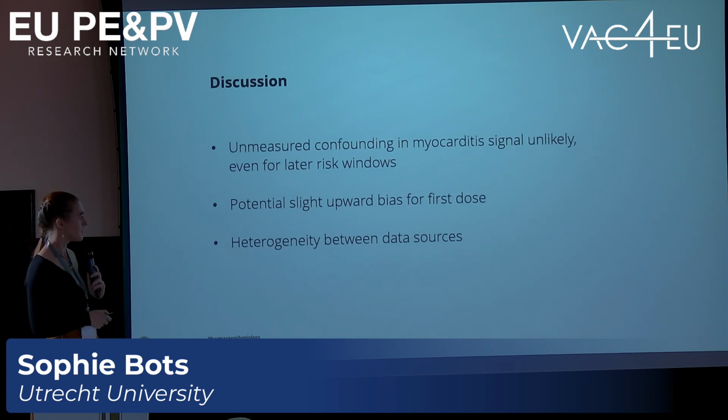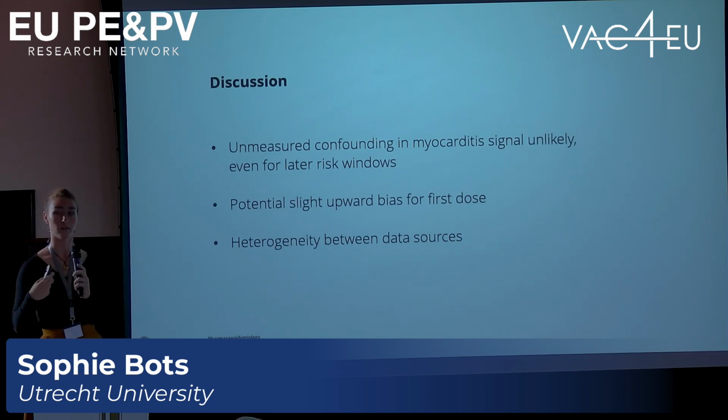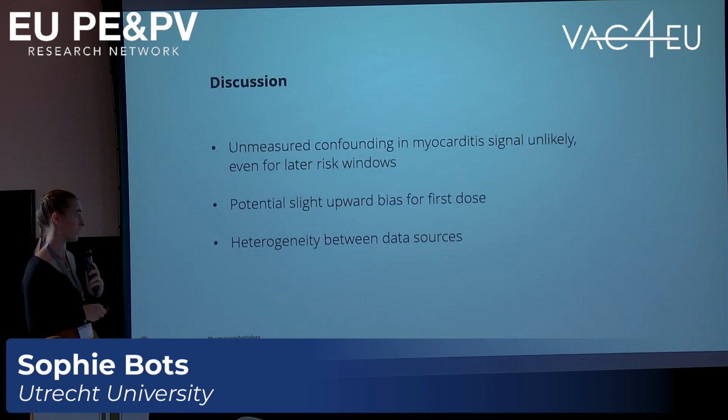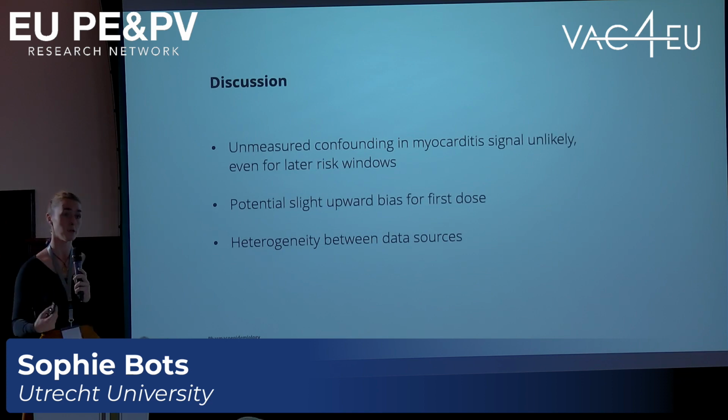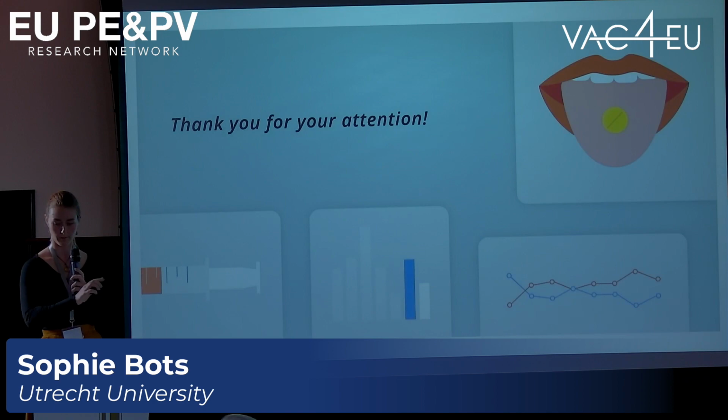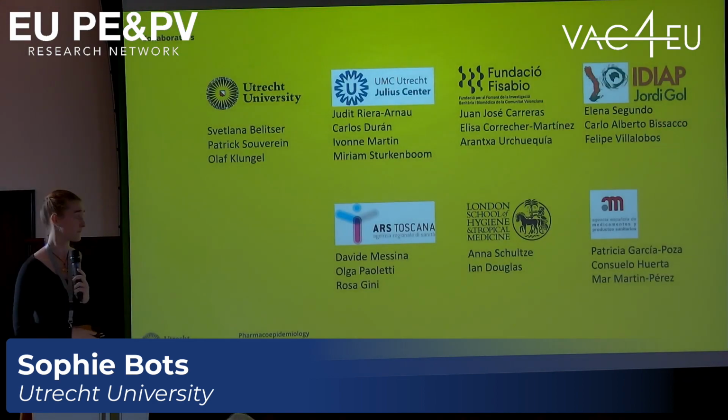We did see a potentially slight upward bias for the first dose, but we're not sure if that is there or if it's chance. Either way, it wouldn't explain away the main conclusions of the myocarditis work. And I think an important point here is this heterogeneity between data sources, and thinking about that when you select your negative controls. Thank you, and thank you to all my collaborators.